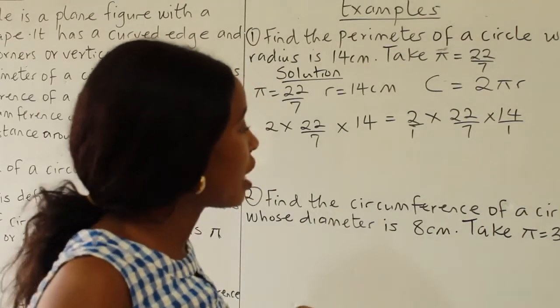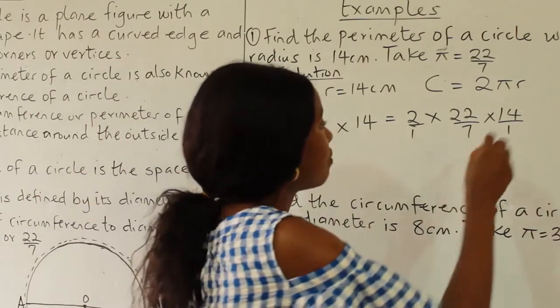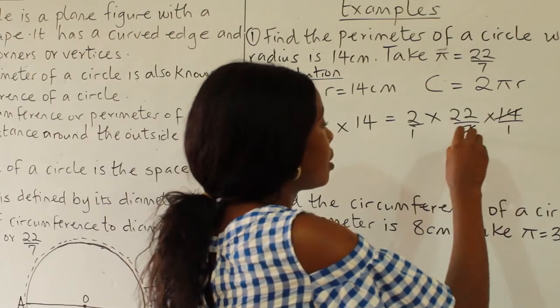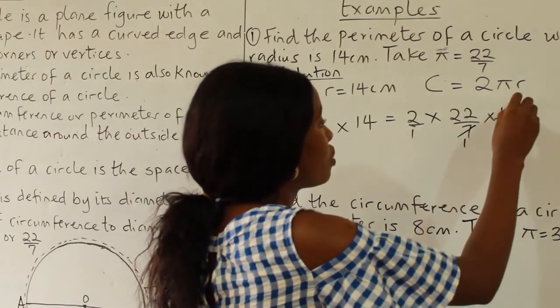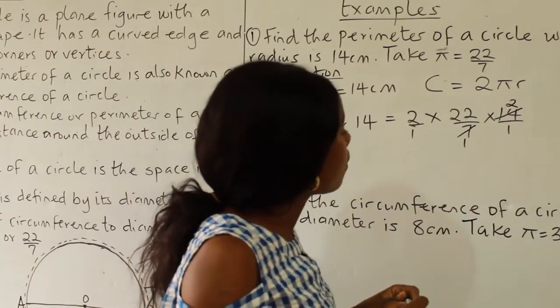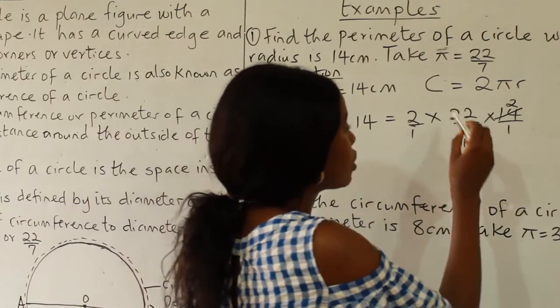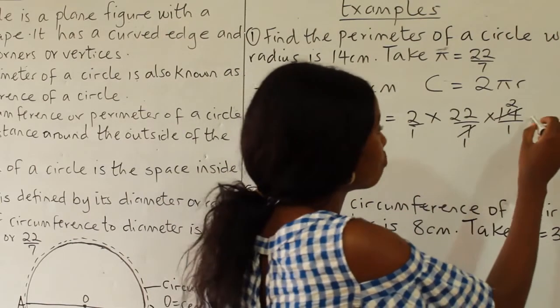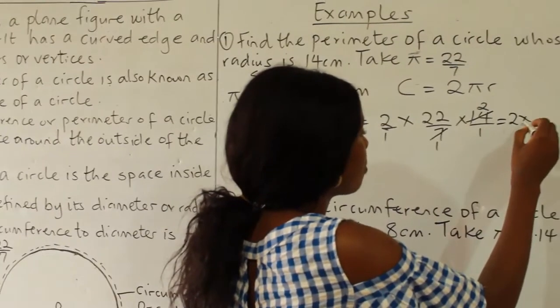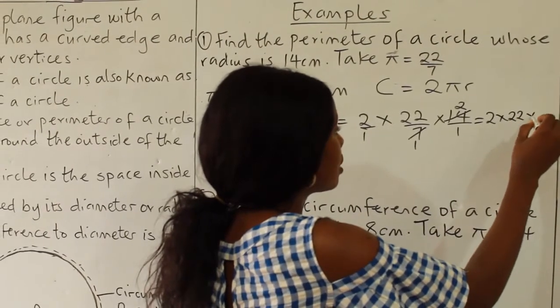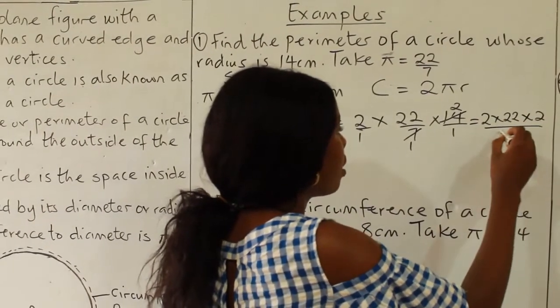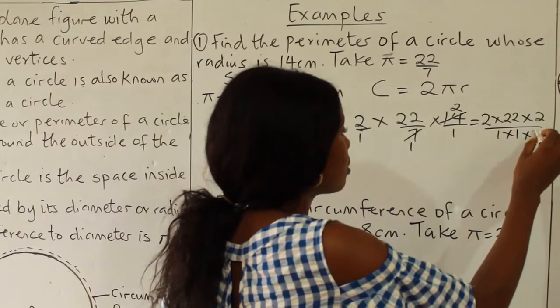If you look carefully, you realize that 14 can be divided by 7. 7 into 7, 1. 7 into 14, 2. So we are left with 2 times 22 times 2 over 1 times 1 times 1.